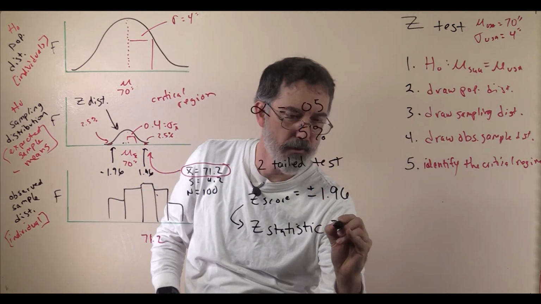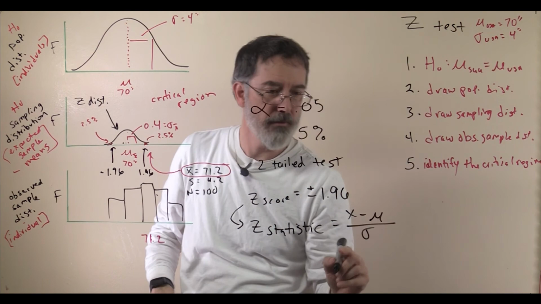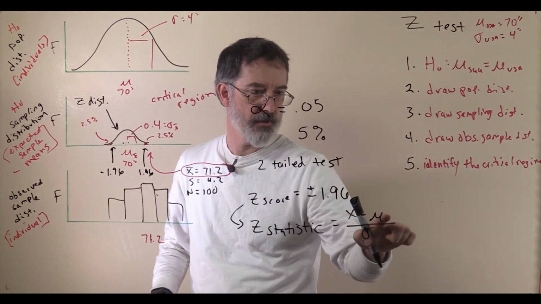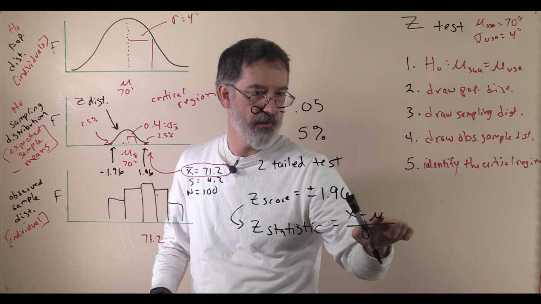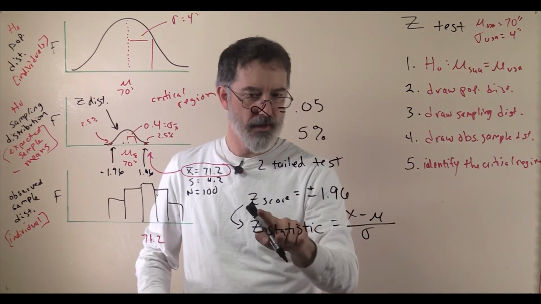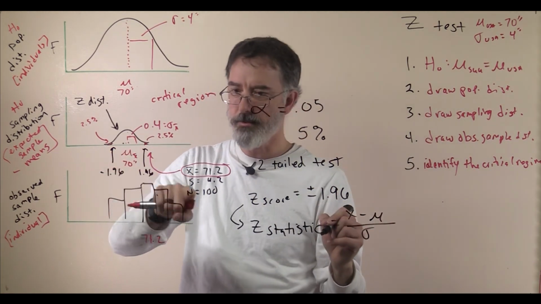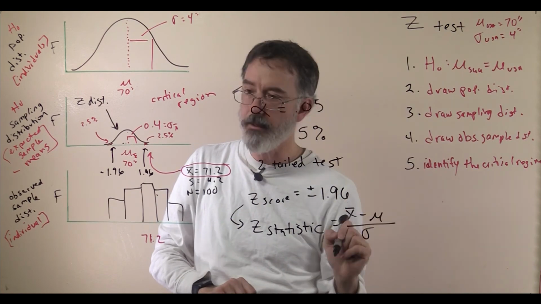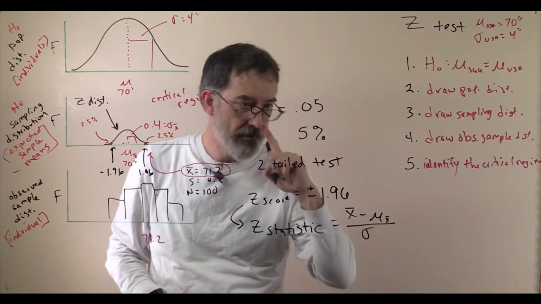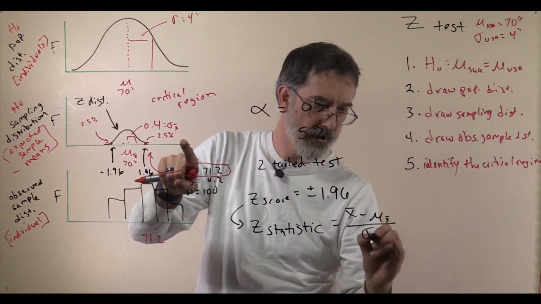Remember, a z-score is generally the location of a score on a distribution, how far the score is away from the mean, in numbers of standard deviation units. So what we need to do is modify our z-score formula to fit this distribution. We're interested in the location of our sample mean, and the mean of this distribution is mu sub x bar, and its standard deviation is sigma sub x bar.